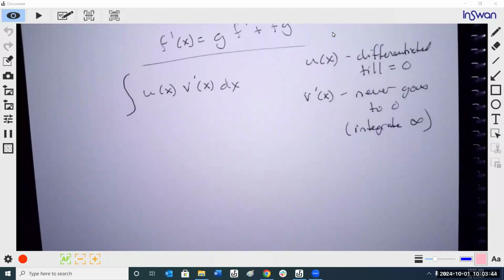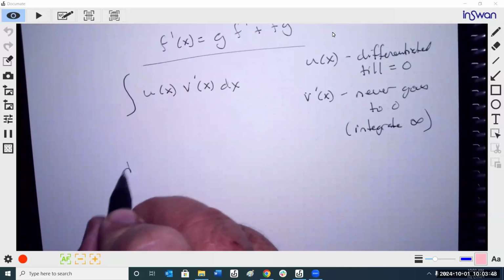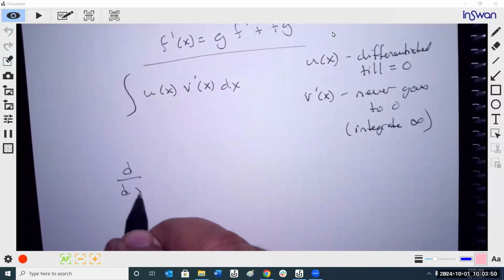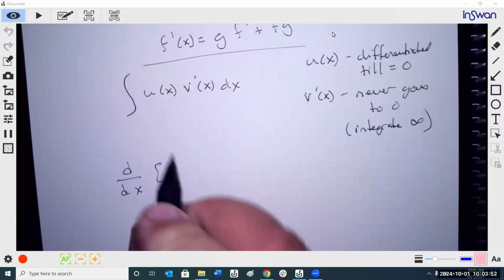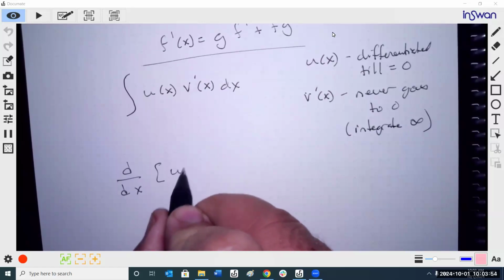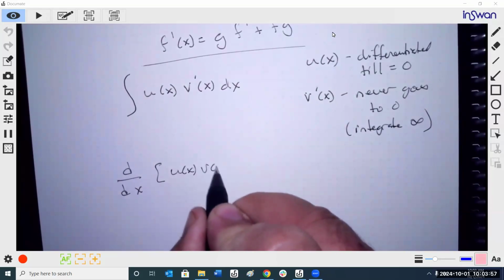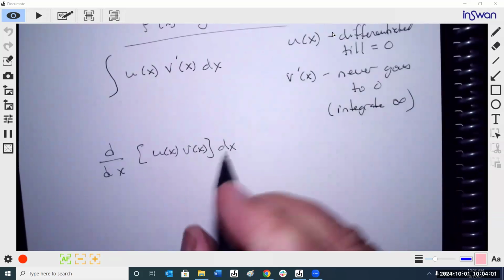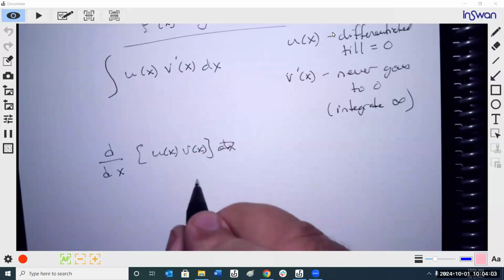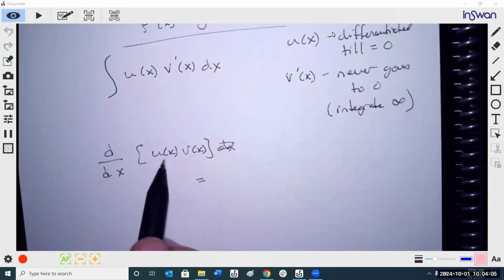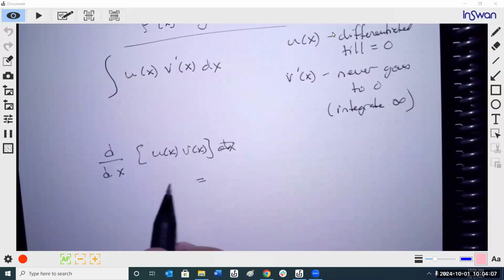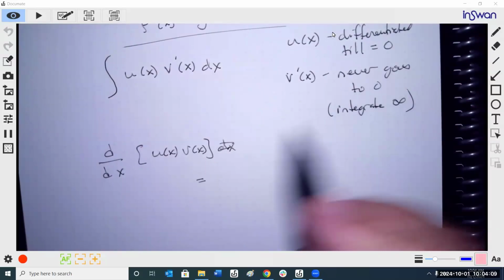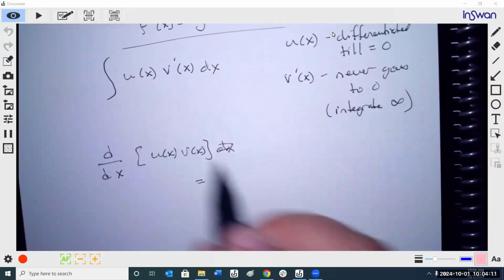All right, so let's look at what's happening here. We have u of x times v of x. So this is a product. We've already seen this. So this is the f and g.